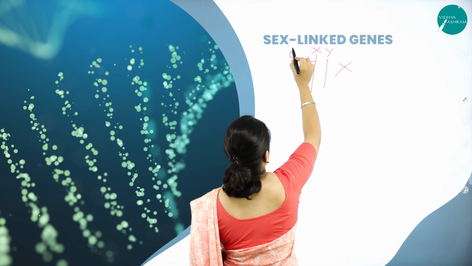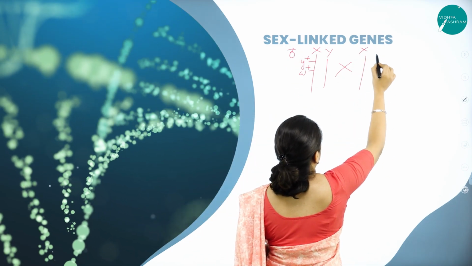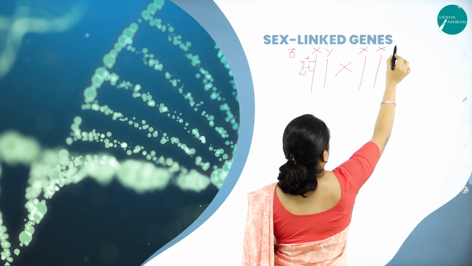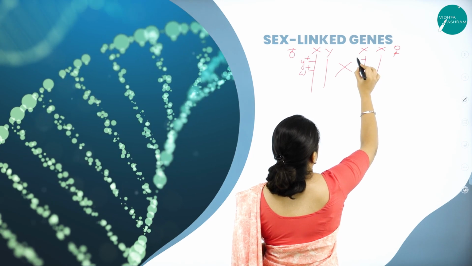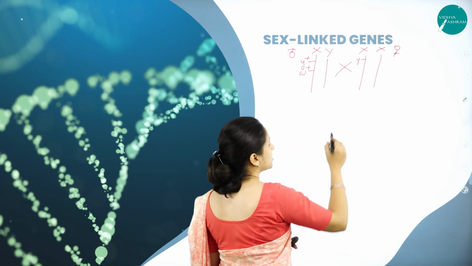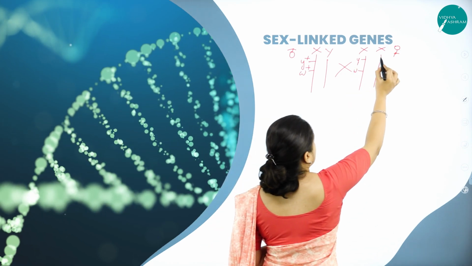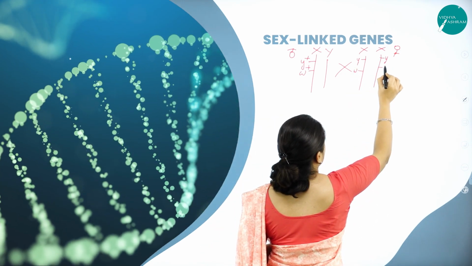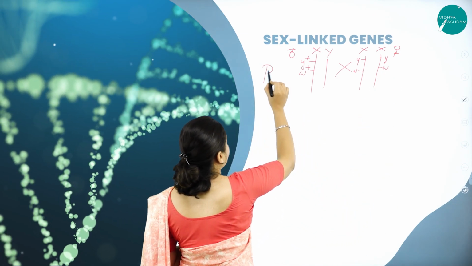So this is the male with that of the female. So for female, it is X and X. So in the case of female, they have recessive genes responsible for yellow body and white eye. So these are the parents.